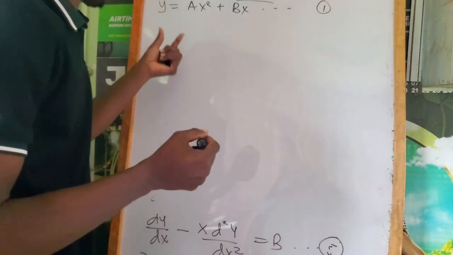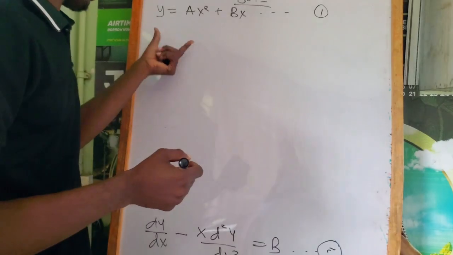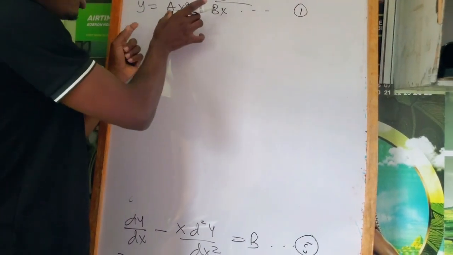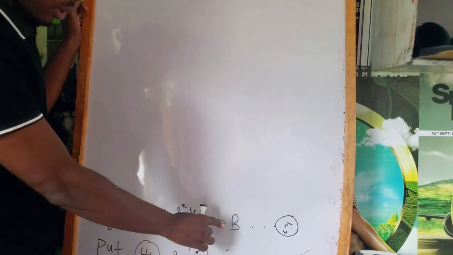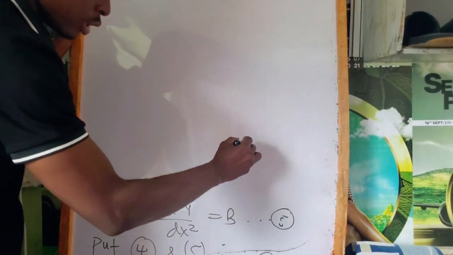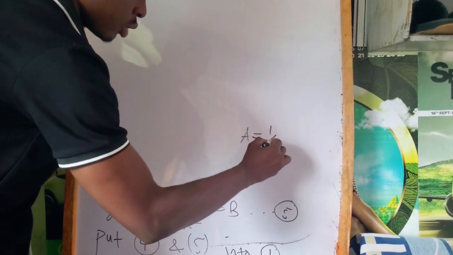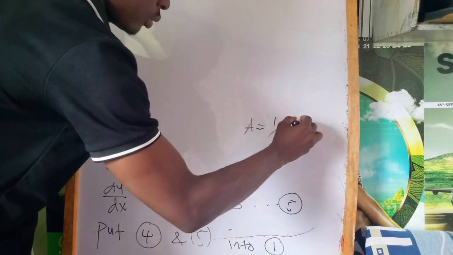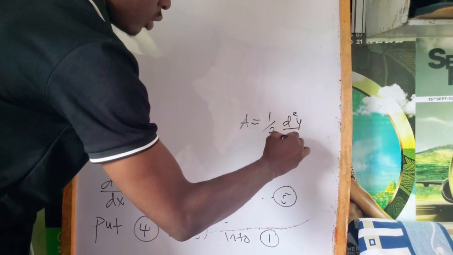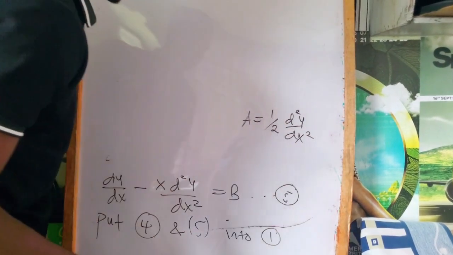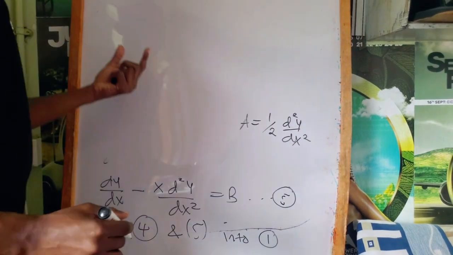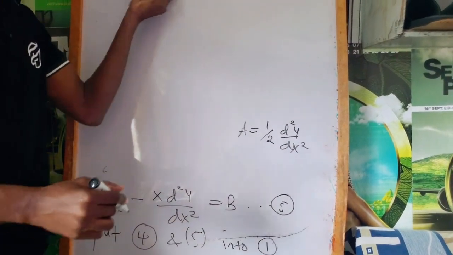This is y. So we have to put a and b. We've gotten the value of b, and a was just equal to 1 over 2 d2y/dx squared. That was the value of a. So we just have to put it back here and obtain the ODE.